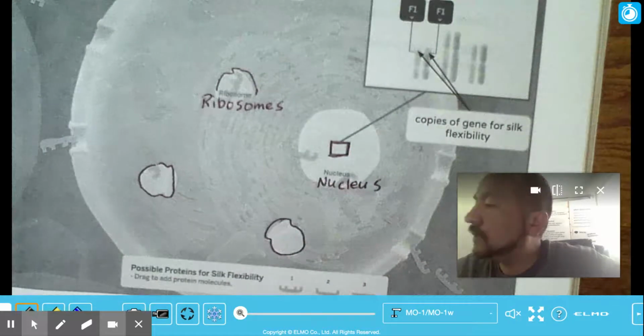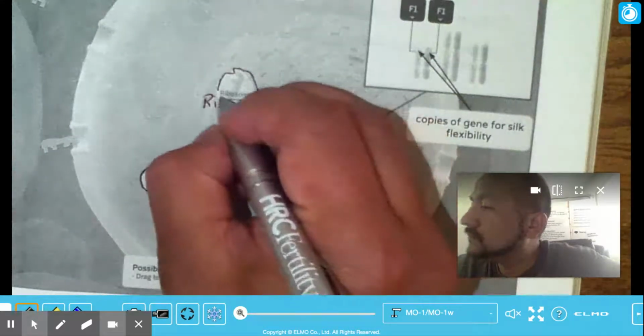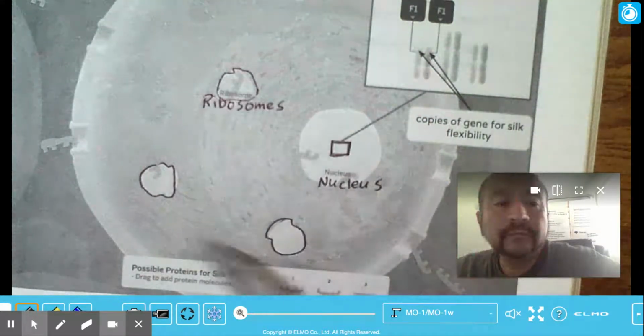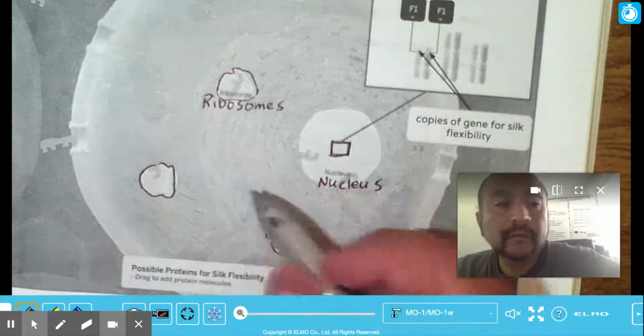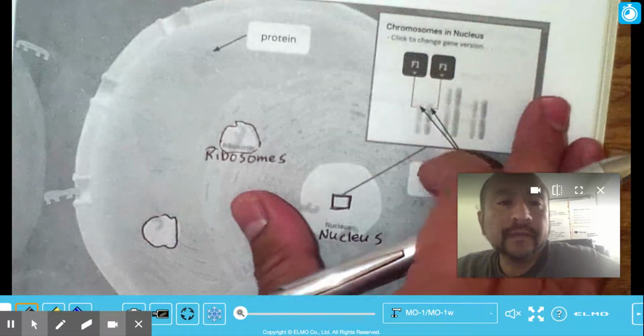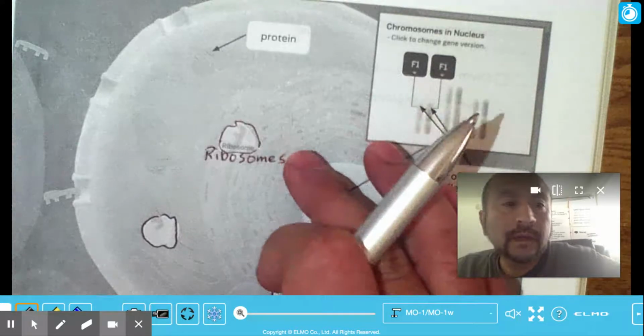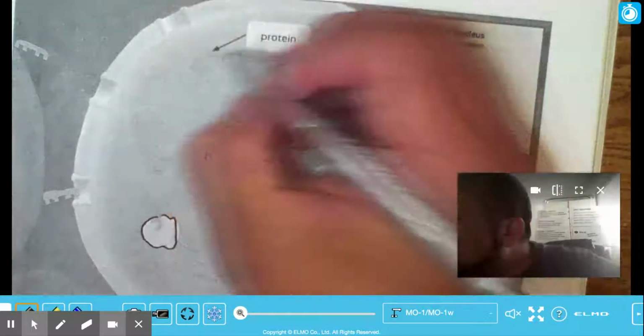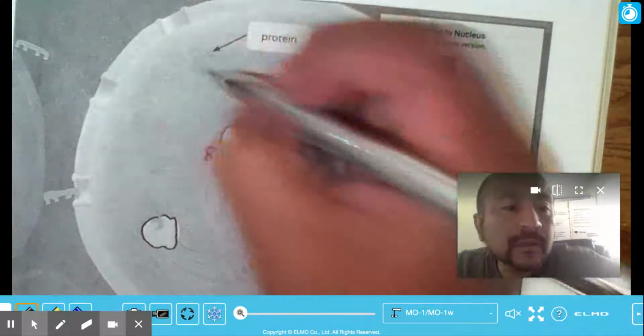Here are about 4, right? Oh, I'm sorry, 3. It's about three ribosomes floating around. You can't see it that well, but the protein is here.